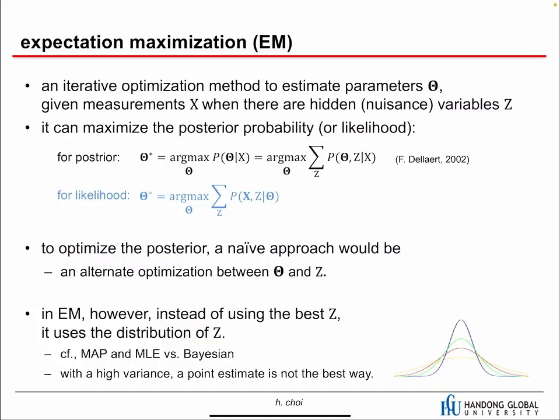Now let's talk about expectation maximization, or the EM algorithm. Again, let's compare two different cases. The first case has just one Gaussian, a simple distribution. Given data samples, we assume that these samples are from one Gaussian distribution.